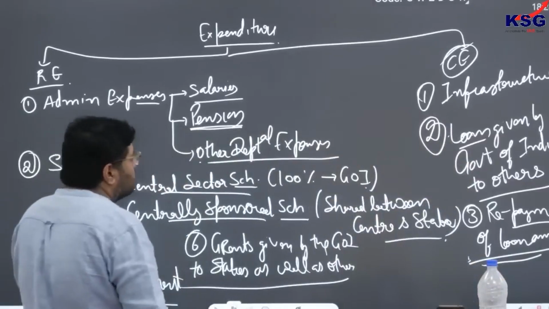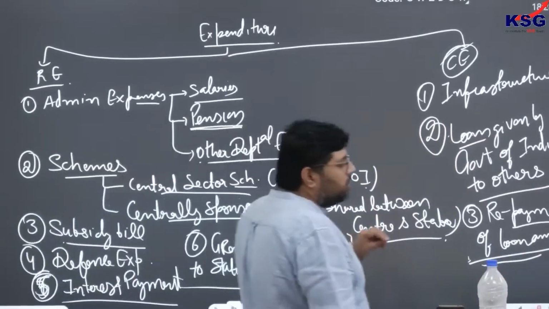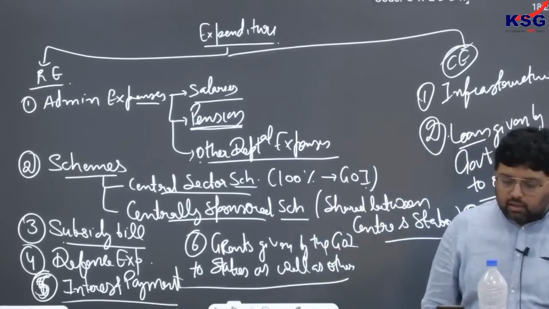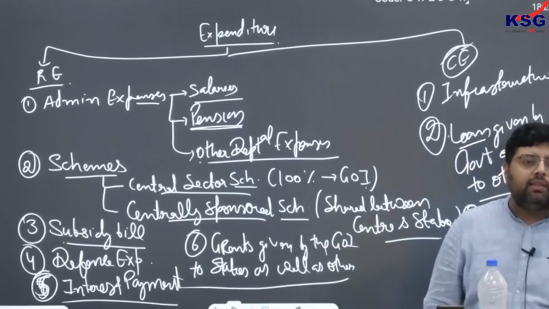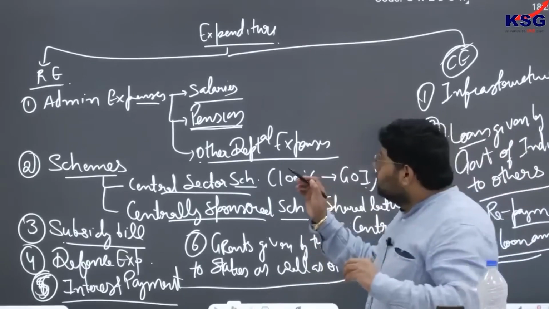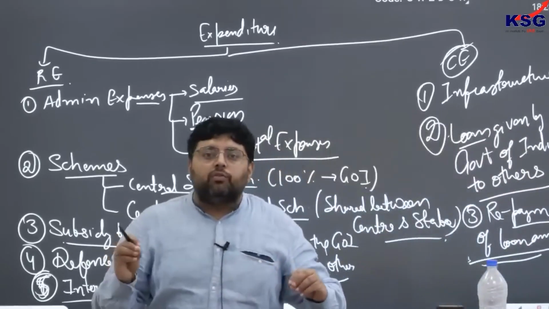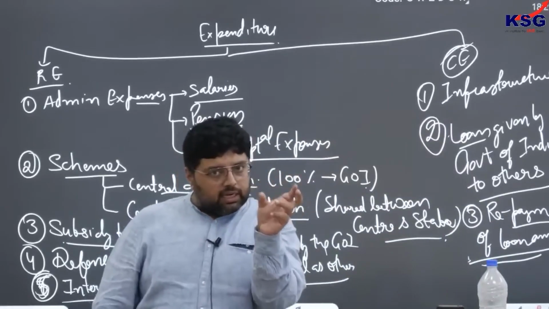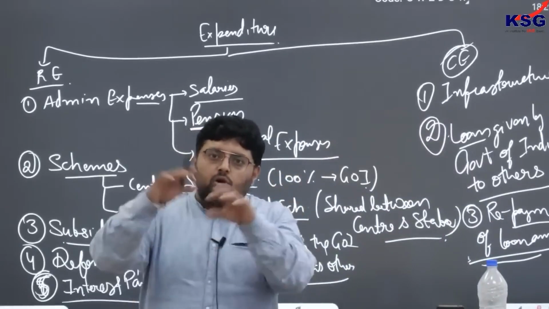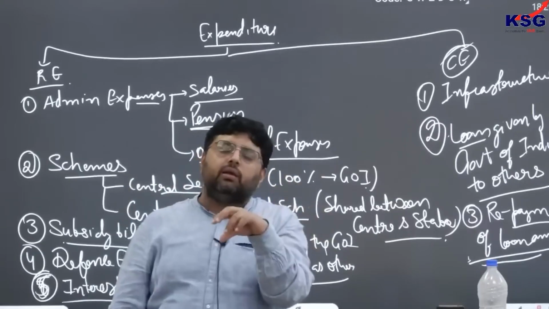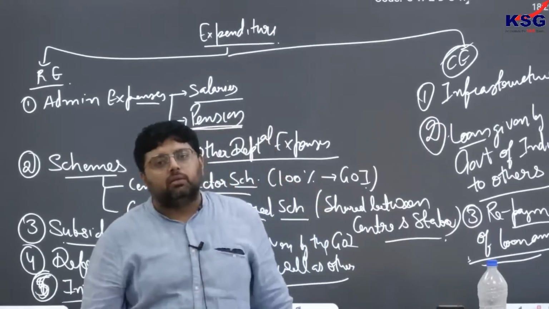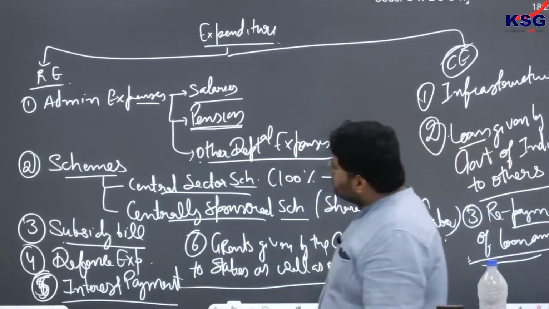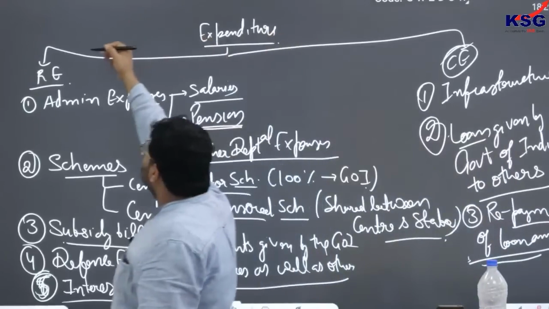Okay, so they can ask you, now sometimes like in 2021 also they ask another thing. Okay, like one thing they ask, which of the following is or are part of revenue budget. So revenue budget is a term when you take revenue receipt and revenue expenditure together, that is called revenue budget. Similarly, when you take capital receipt and capital expenditure together, that is known as, you can say, capital budget.